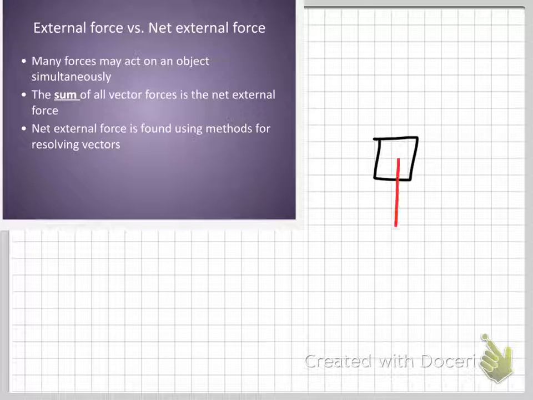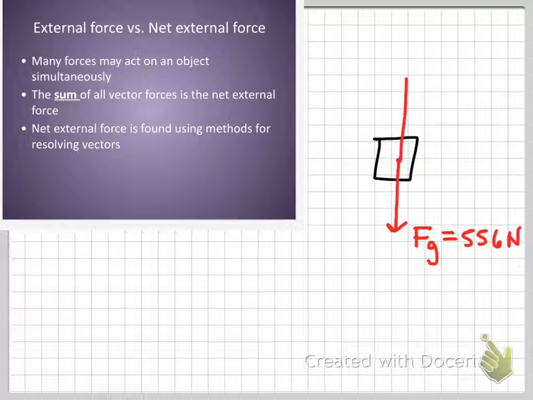We have force of gravity on this box equal to 556 newtons. We're going to assume that this thing is not rising up into the air or sinking through the floor.